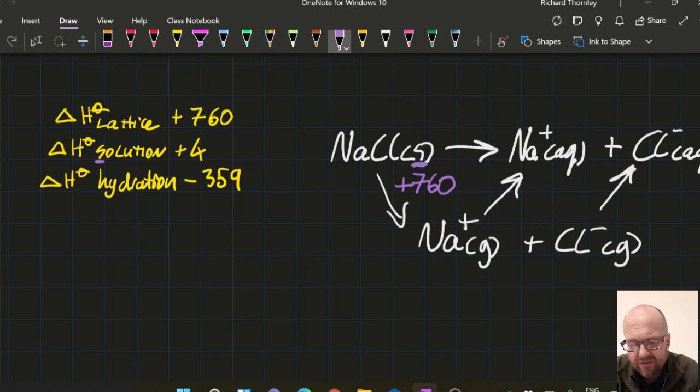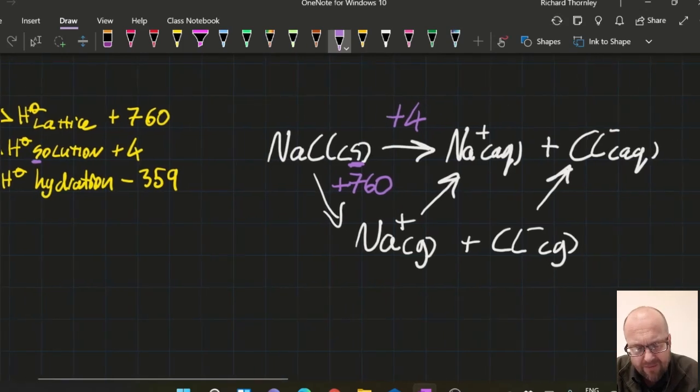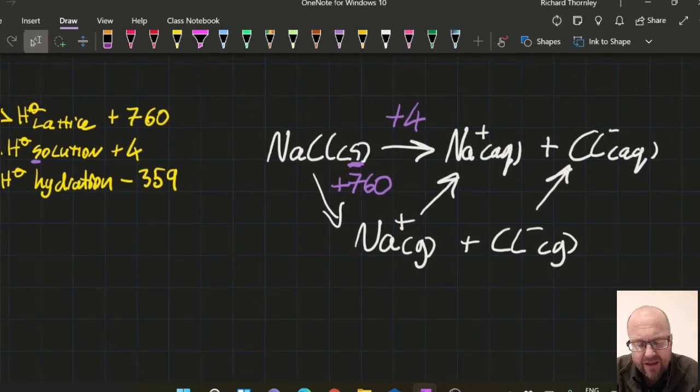So these are the solutions here. So the heat of solution for sodium chloride is +4. So this is going to be +4 this way. Solution with the solid. And now we've got turning the gas into the aqueous. I can't remember what that's called. That's called hydration. Okay. So the hydration for the chloride is -359, which leaves this as the unknown.